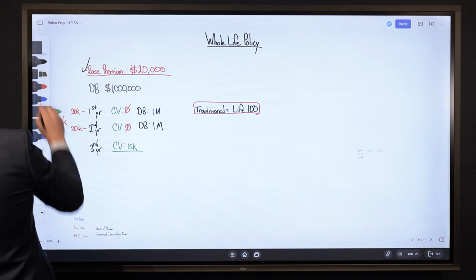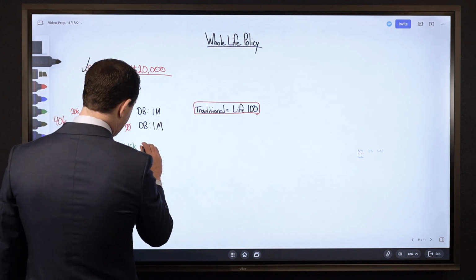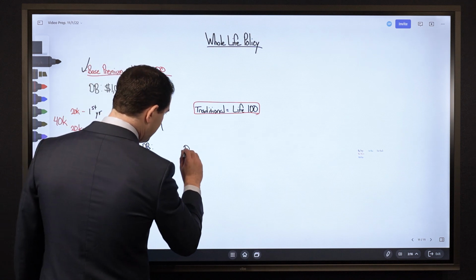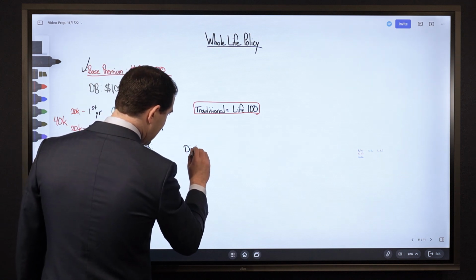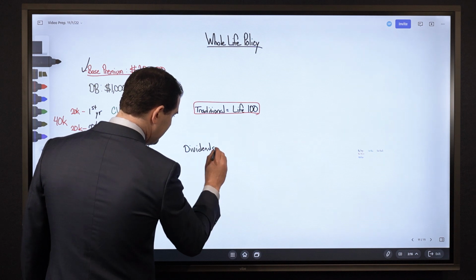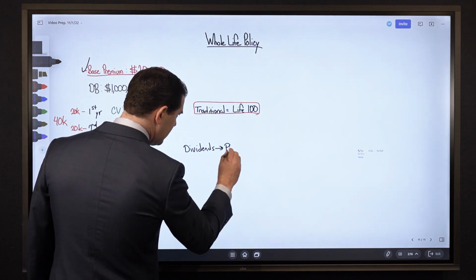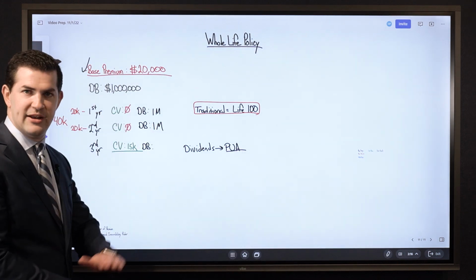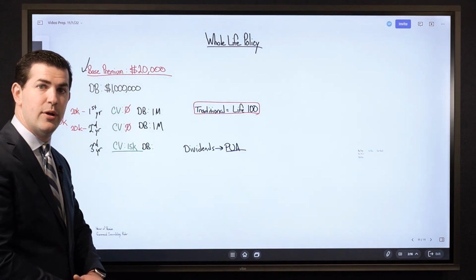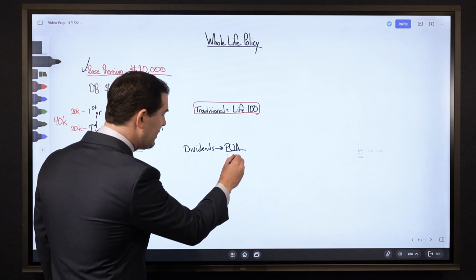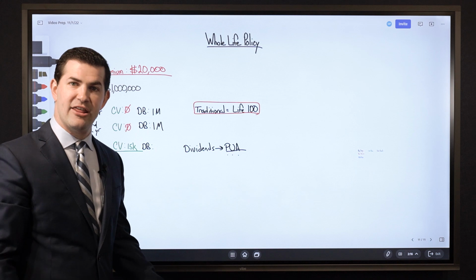What will also happen is you'll begin to see your death benefit appreciate. The reason why is because dividends will be paid to your policy. And as dividends are paid, often you'll see that dividends are reinvested into PUAs, that stands for paid up additions, that is deposited into our cash value, but it also purchases us what is called paid up additional life insurance, added death benefits.